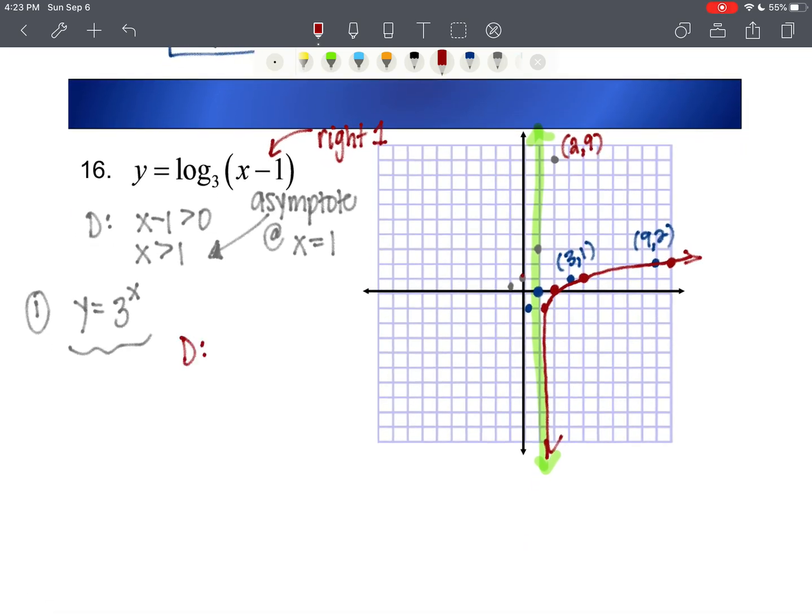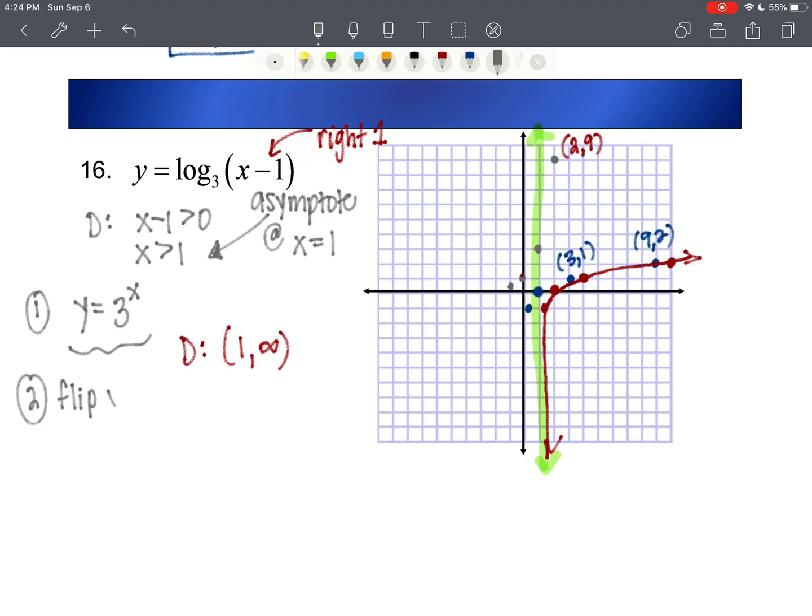So hopefully one of those two ways made sense to you. Right 1 means add 1 to your x value. That's what I tried to demonstrate in the last video. But if that doesn't make sense, do it just in little pieces. Graph y equals 3 to the x.